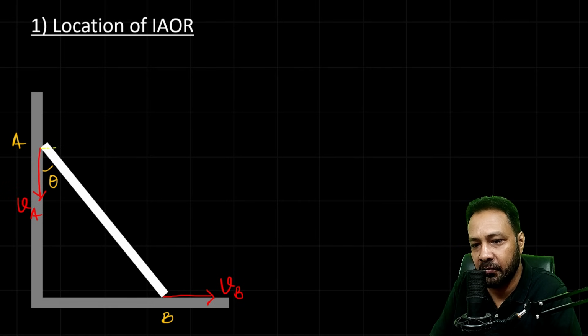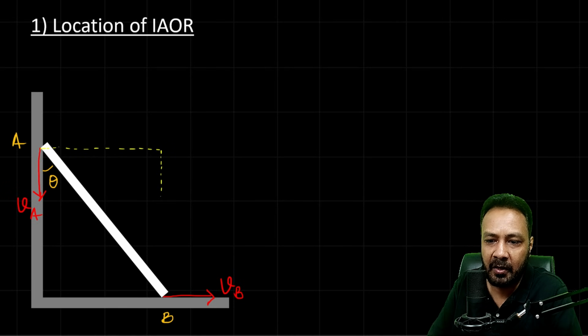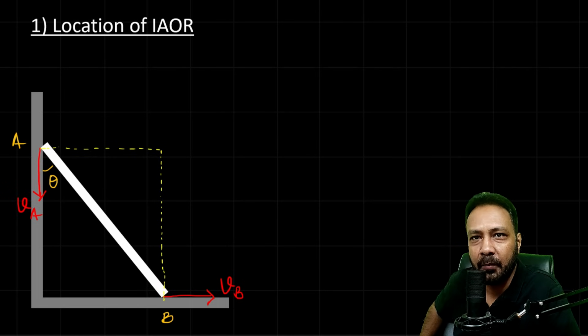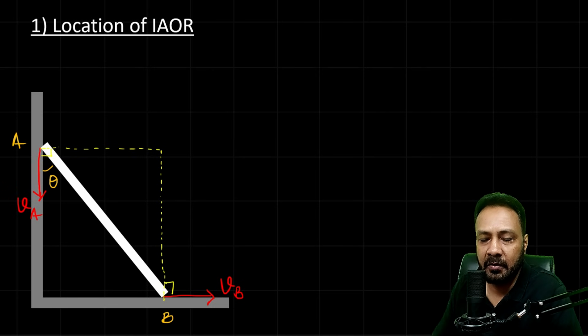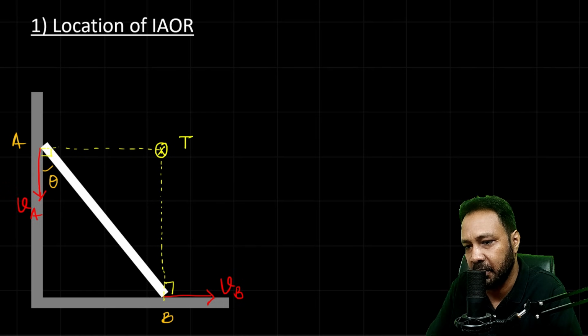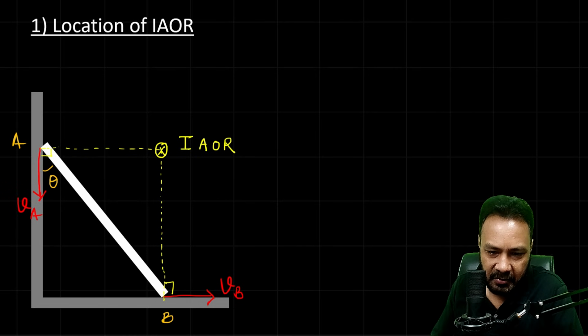The point of their intersection gives the instantaneous center of rotation, ICOR, and a line through ICOR perpendicular to the plane of motion is the IAOR. Here I have just drawn the perpendiculars at the tails of the velocity vectors. Their intersection is the ICOR, and an axis passing through ICOR and perpendicular to the plane of motion is the IAOR, the instantaneous axis of rotation. All right, so that is the easy part.